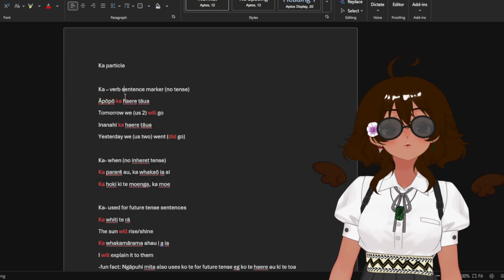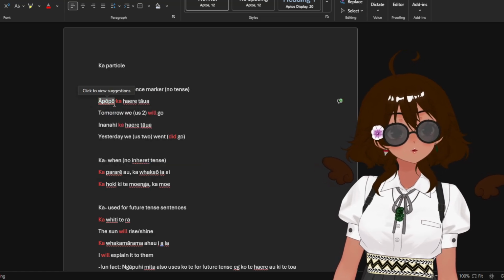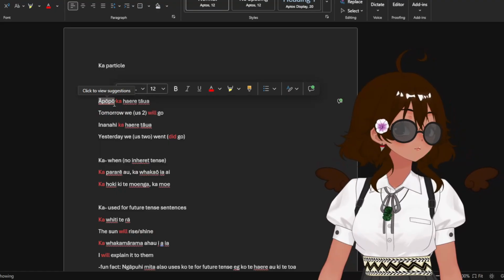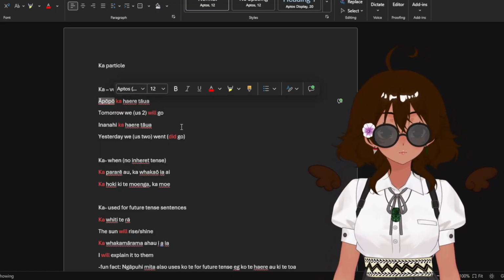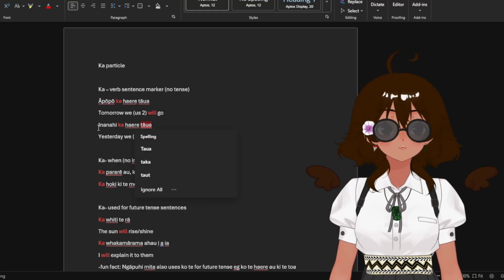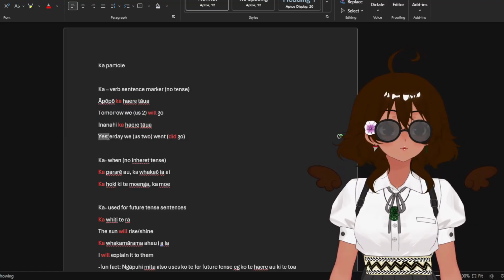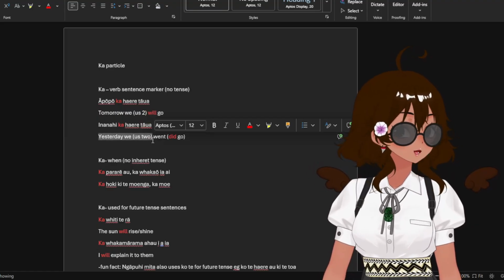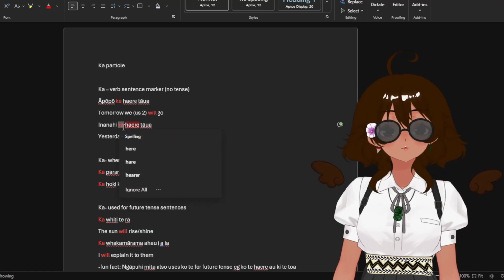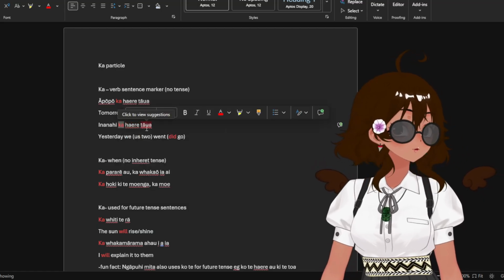But when we add another word here, it makes it 100% sure that's what it means. For example, if we were to change it to inanahi ka haere taua, it turns into yesterday we went. Because ka doesn't mean future, it just means verb.